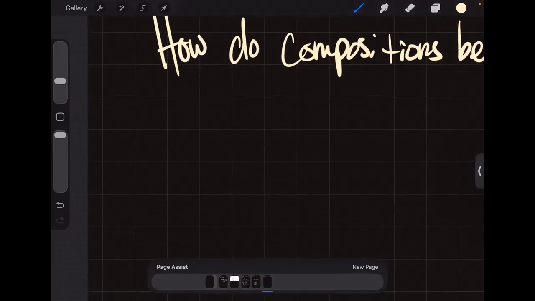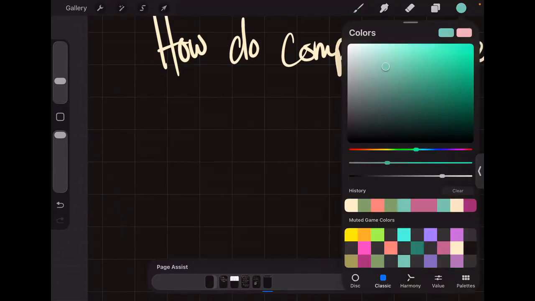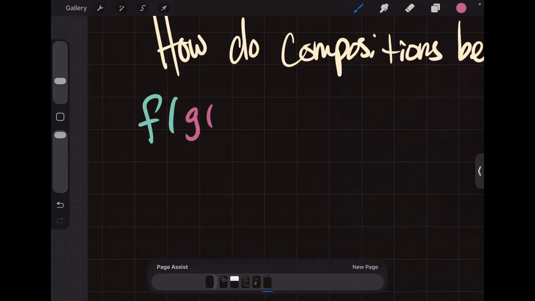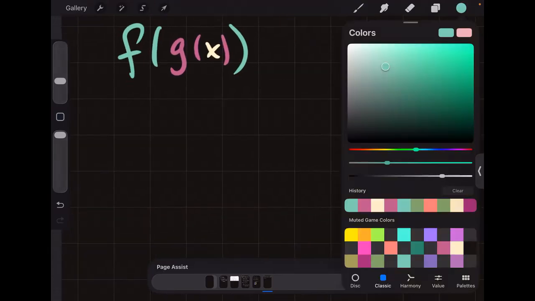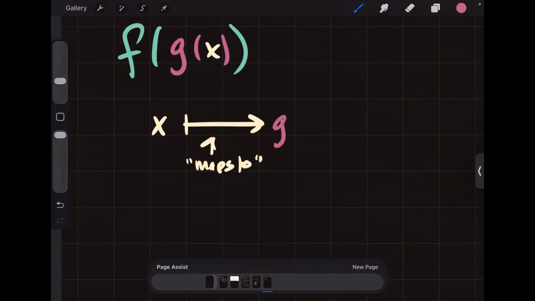Okay, so let's say we're taking, let's do that in blue actually, f of g of x, right? What it does is it takes x and it sends it to, this means maps to, g of x, whatever that value is, right?